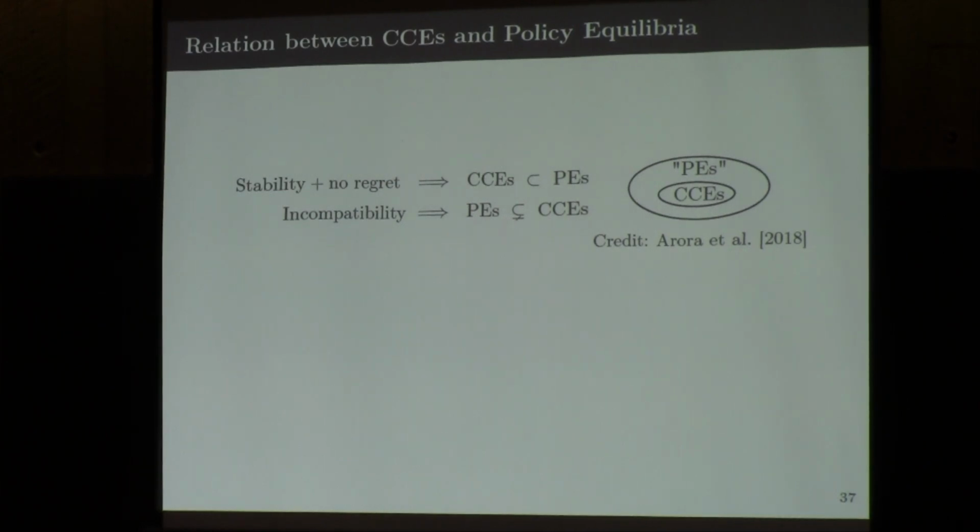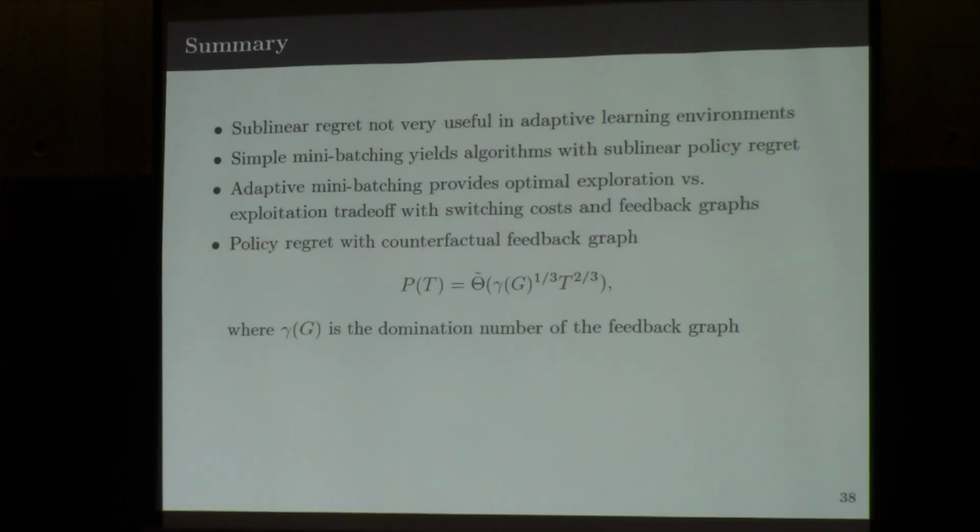But there is again an incompatibility result, which is basically saying that there exists a policy equilibrium which cannot be achieved by any set of players minimizing their external regret, so which is not a coarse correlated equilibrium. So the nesting that we argue is that CCEs are contained within policy equilibria. Policy equilibrium is a richer class of descriptions of games in two-player settings.